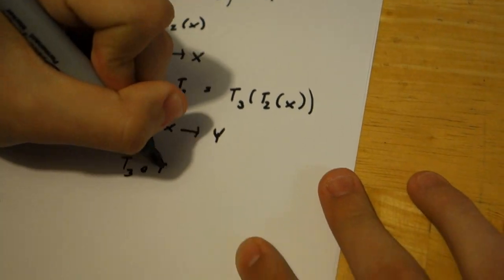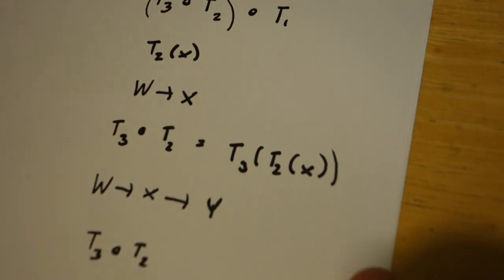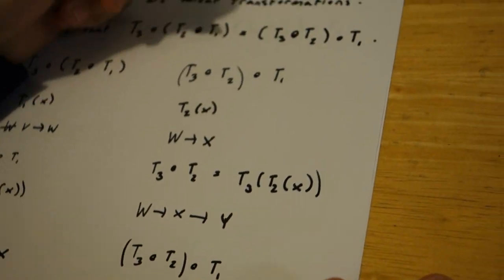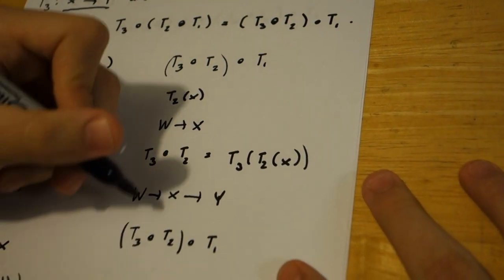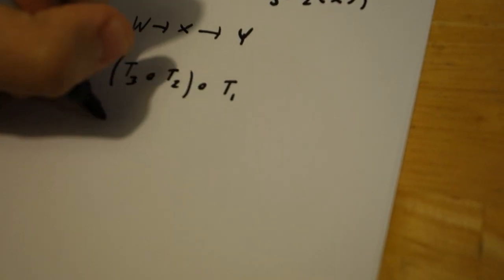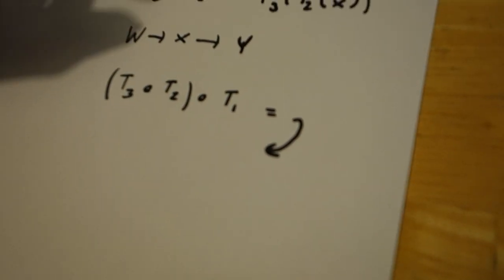T3. And these dots, I didn't really say this at the beginning, they are composite functions. We've done as the function has said, we did parentheses first. And now, T1.